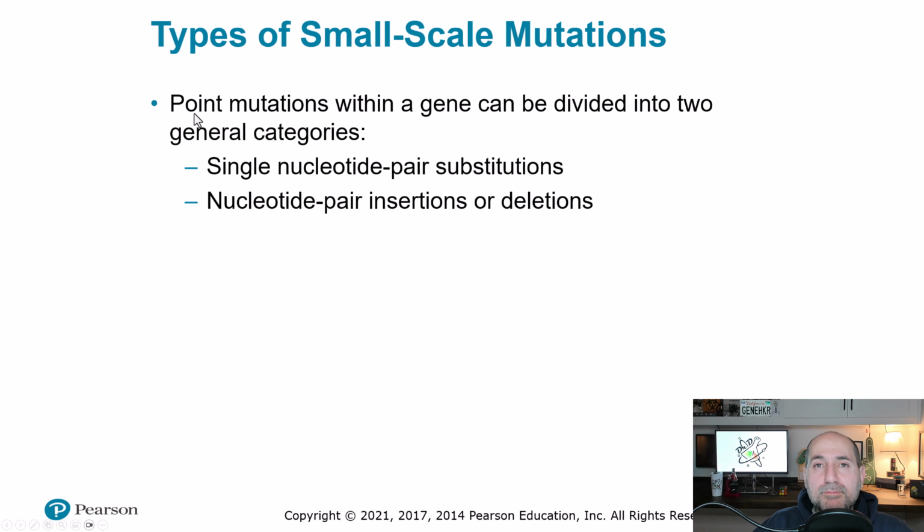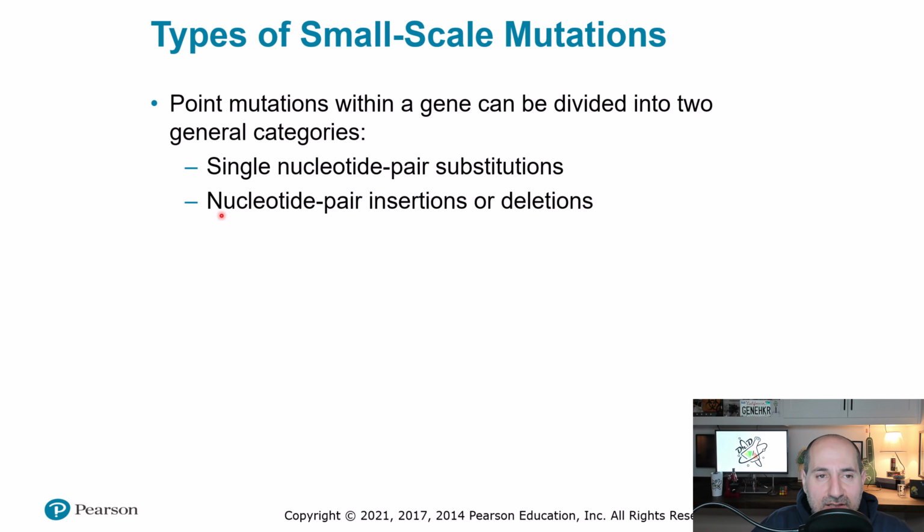Now, these point mutations within a gene can be divided into 2 general categories. The first general category is a single nucleotide pair substitution. This is where you change a G to a C, or you change an A to a C. You change a nucleotide to a different one.